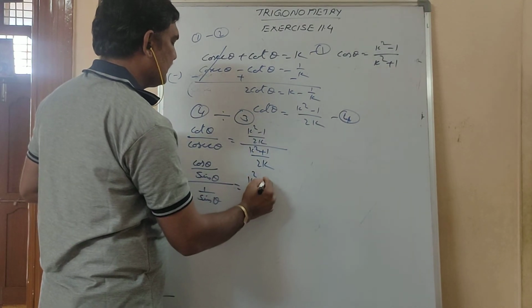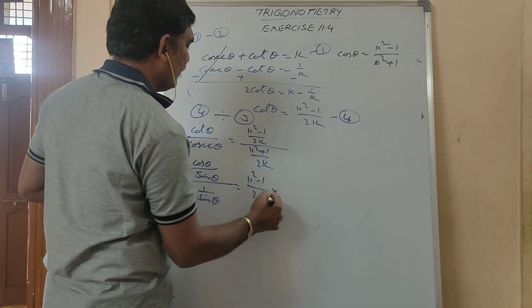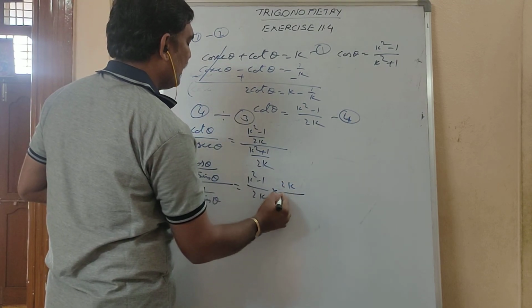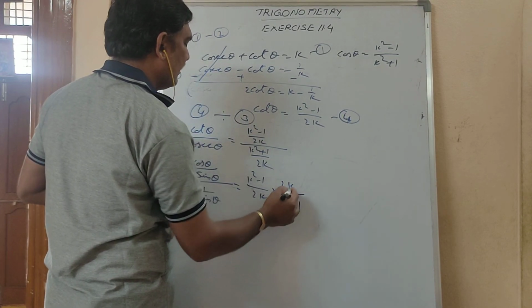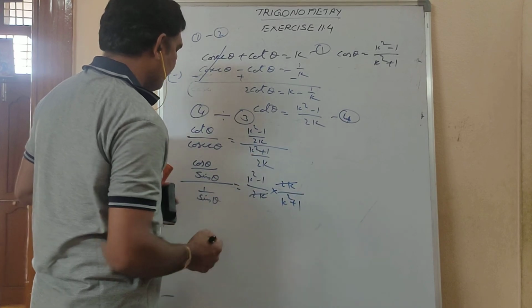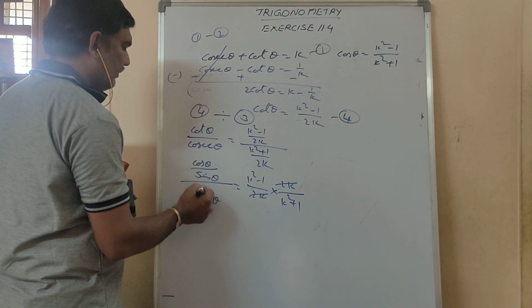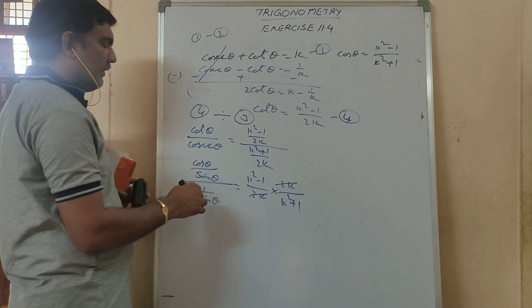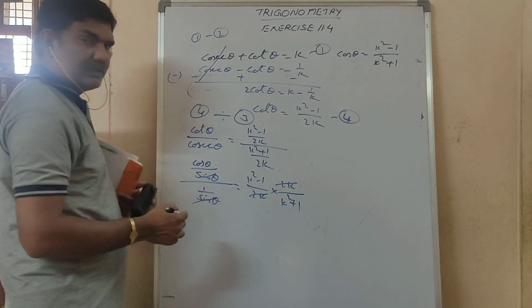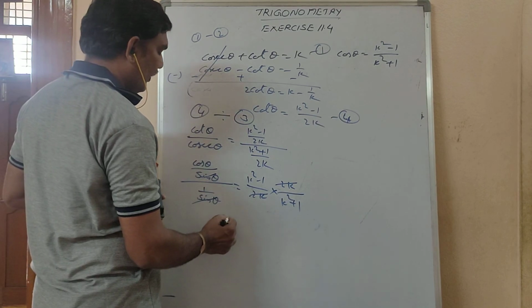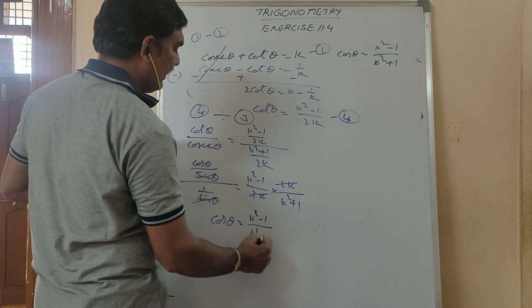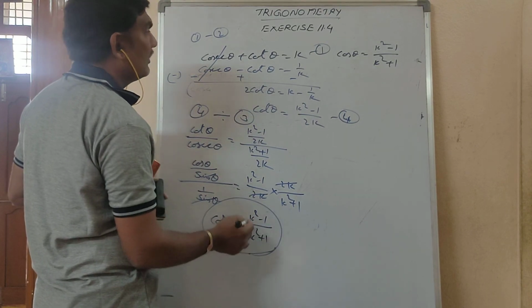Here (k square minus 1) by 2k into this, which is reversed, 2k by (k square plus 1). 2k cancelled. Here 1 by sin theta, if it goes here, becomes sin theta by 1, so sin theta also will be cancelled. And what you got, cos theta is equal to (k square minus 1) by (k square plus 1).